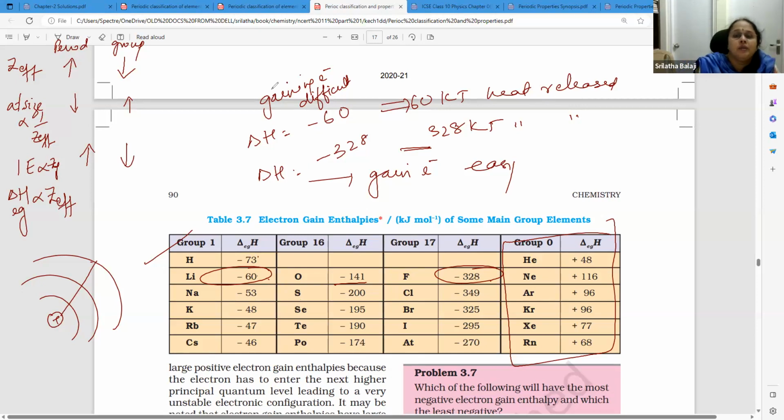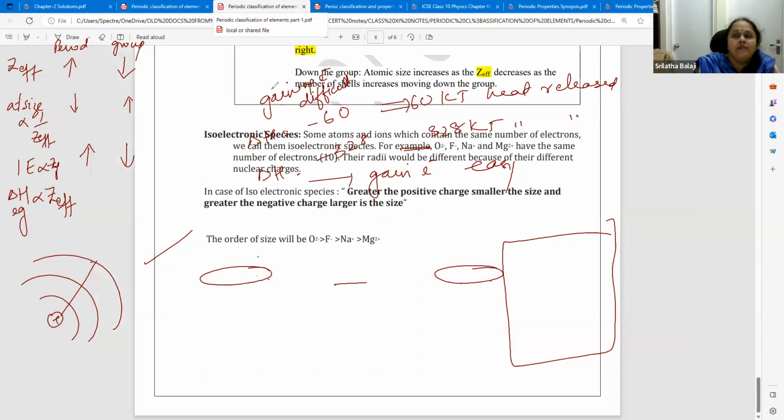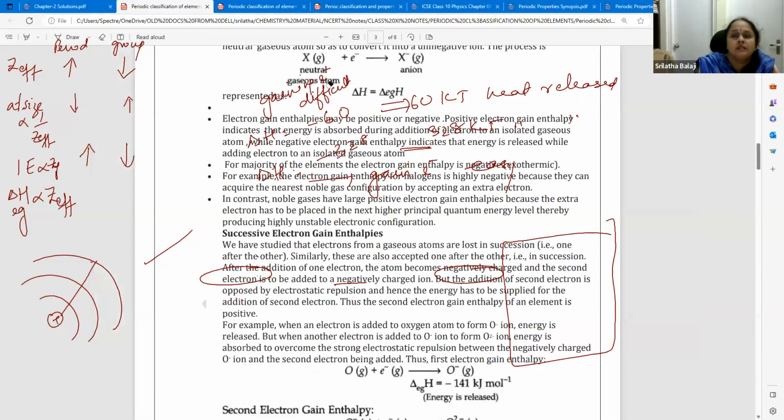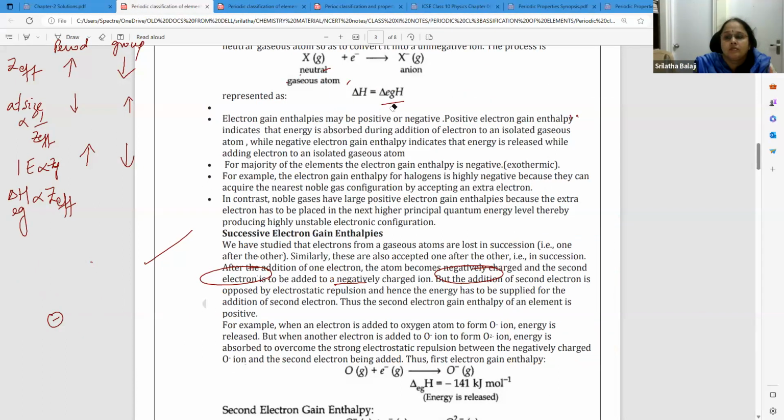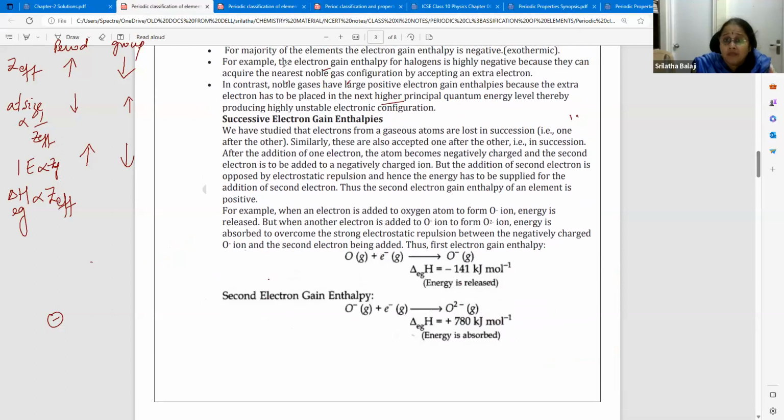So the next periodic property we have is again successive electron gain enthalpies. Okay, electron gain enthalpy 1, electron gain enthalpy 2, electron gain enthalpy 3.